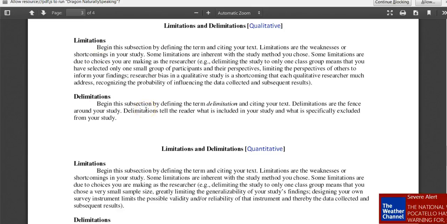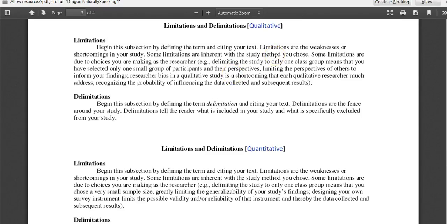Notice that in the information provided for reference for this week, I have provided you with definitions and citations for limitations and delimitations, and those are from Creswell. Okay, so begin the subsection by defining what the term limitation is, and you get that Creswell definition.